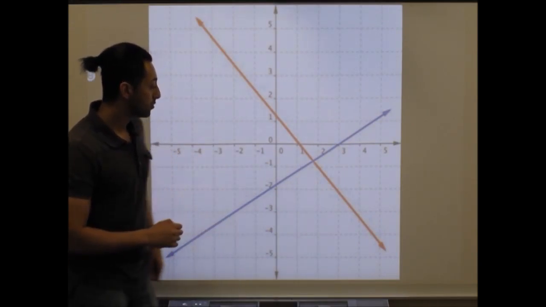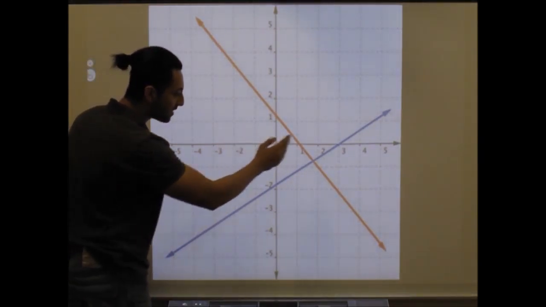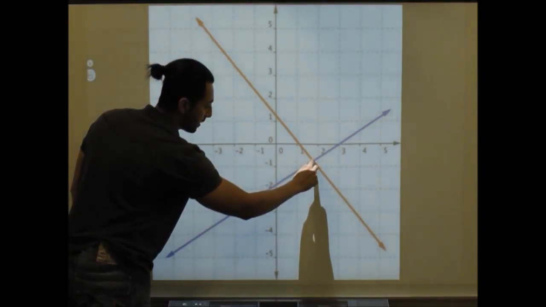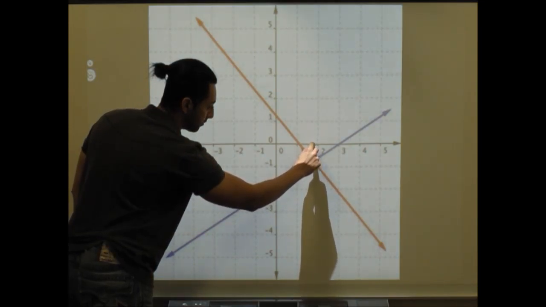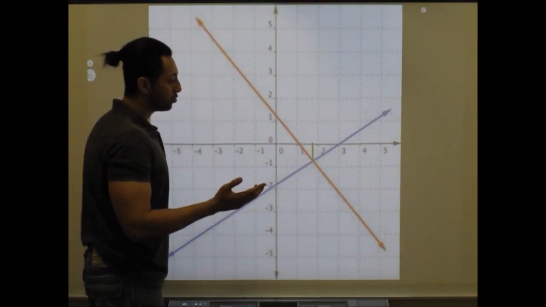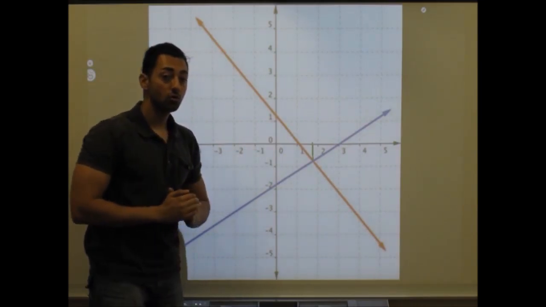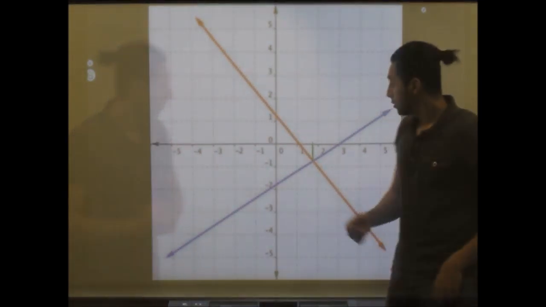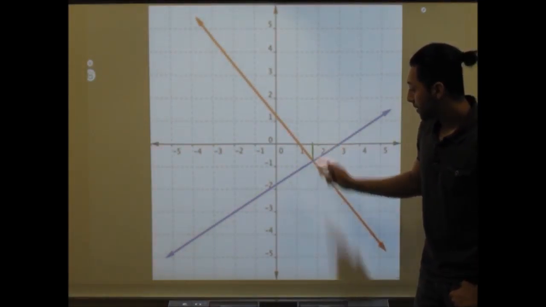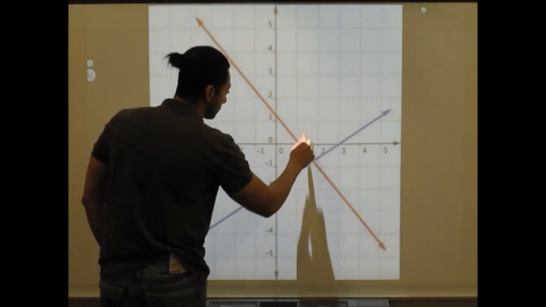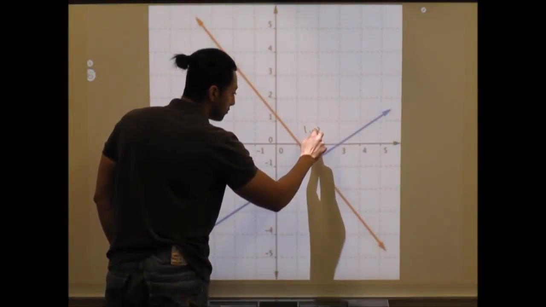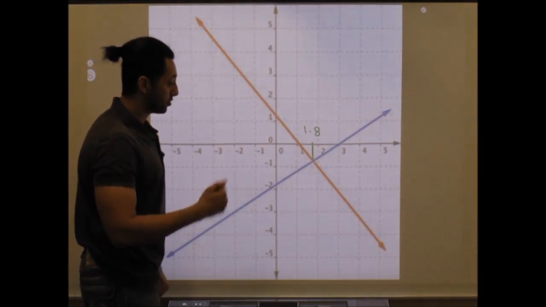So if we're talking about the x-axis, if we trace this back, it looks like it's about there, right? So it's between 1 and 2, but it's leaning more towards the 2. So to me, that x value looks like 1.8. Again, if you see a different value, that's fine, we're just approximating.